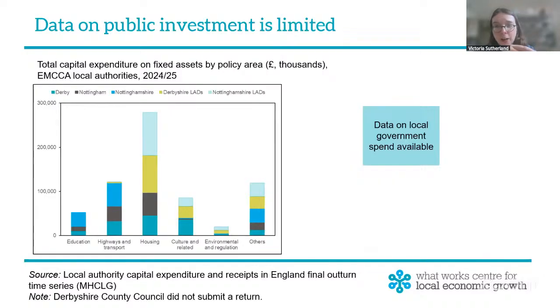It also has fire and rescue in there, so it's got a few other categories. This is useful because it tells you a bit about what local government is spending. You can see here, for the East Midlands, that housing is by far the largest area of capital expenditure for the local authorities.